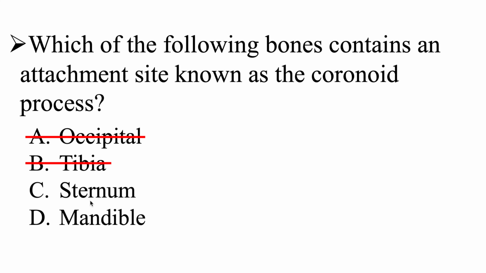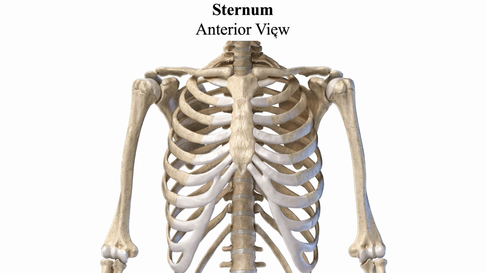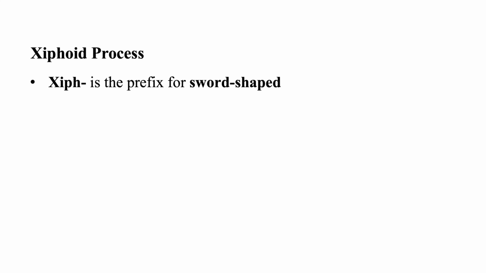Next, we have the sternum. Here we have the anterior view of the sternum. And so we have the manubrium, then we have the sternal body, and then we have the xiphoid process. Now the xiphoid process is going to be a bony projection. However, its word parts mean xiphoid is the prefix for sword shaped. Oid, remember, is the suffix for resembling.